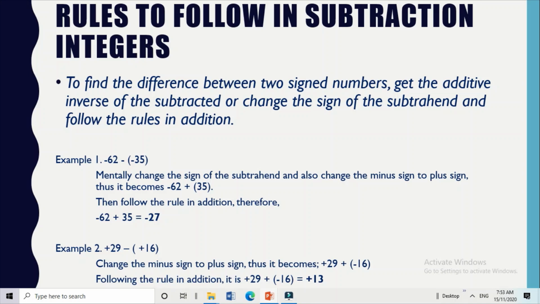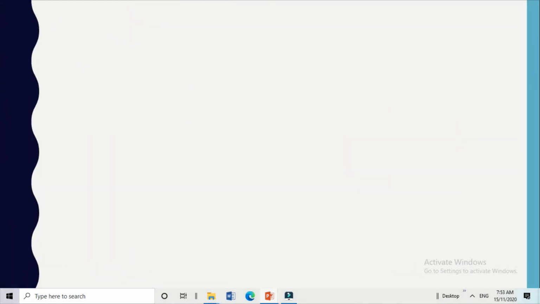So 29 minus 16, that is 13. Since 29 is greater than 16, so copy the sign of 29, and that is positive. Therefore, positive 29 minus positive 16 is equal to positive 13. Okay?